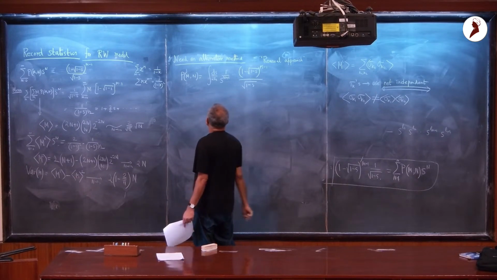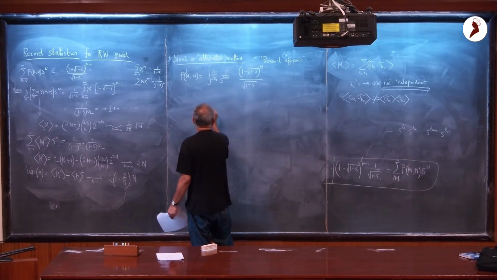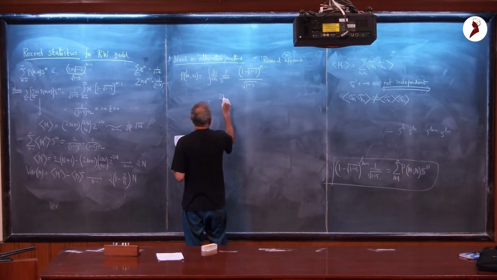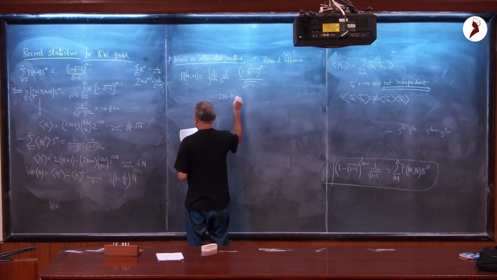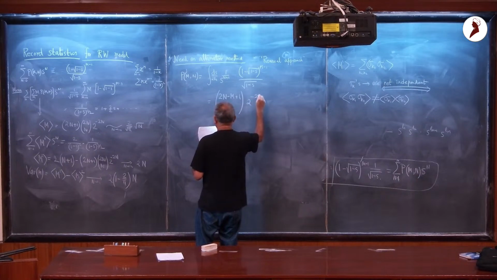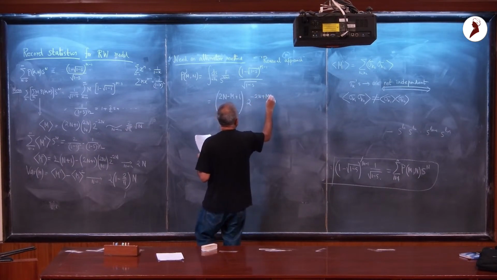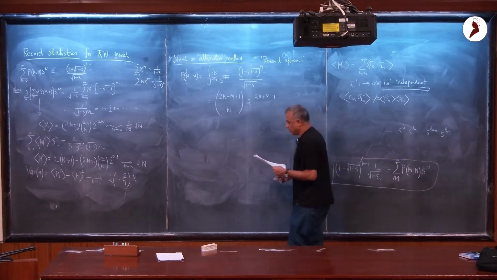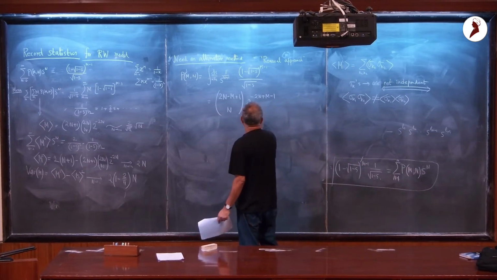So this is a complex integral. By making a change of variables, you can do this complex integral explicitly. And what you find is this beautiful answer, which looks very simple, but actually is, like exactly like Sparre Andersen, quite a non-trivial formula. So this is exact for any n and m.